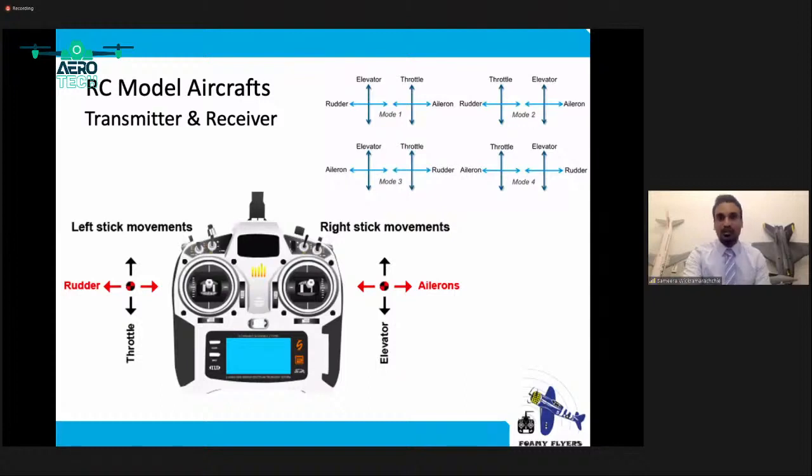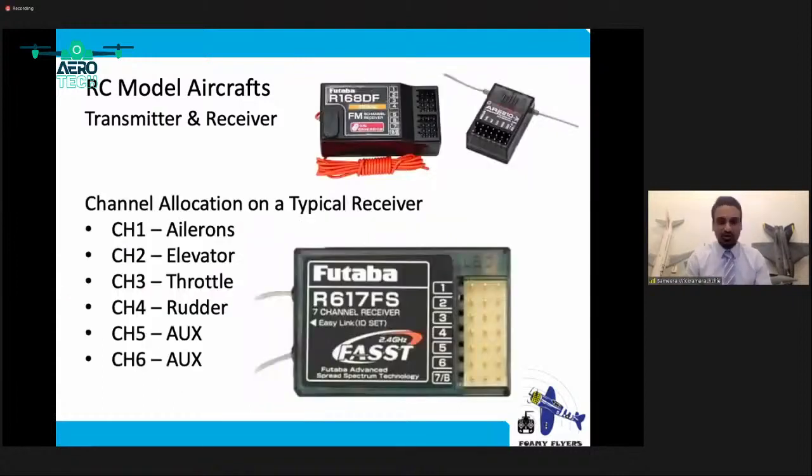Okay, right, let's talk about the receivers. As I mentioned, you'll have to have different receivers for your different aircraft models. Having said that, you need to have the same brand of receiver, a receiver compatible with your radio or transmitter.